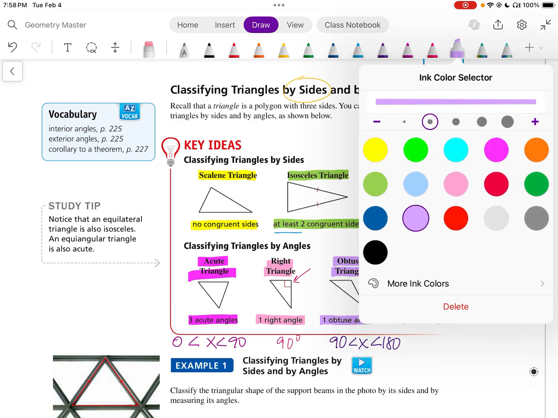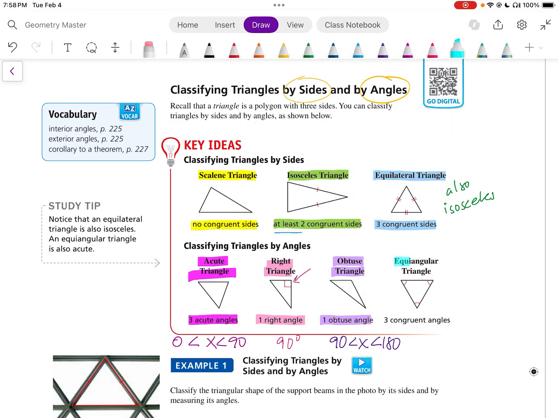And then this is the one that might be new to you: an equiangular triangle. That means all three angles are congruent. This is also an acute triangle. An equiangular triangle is always acute.